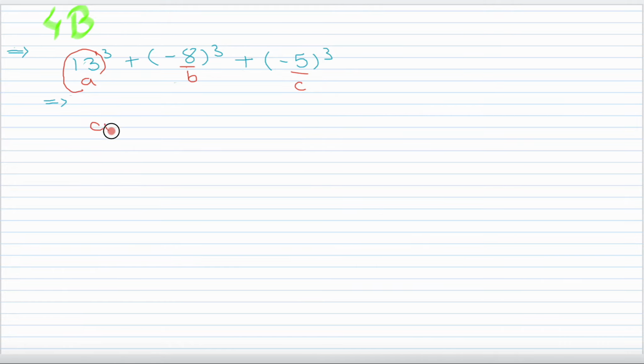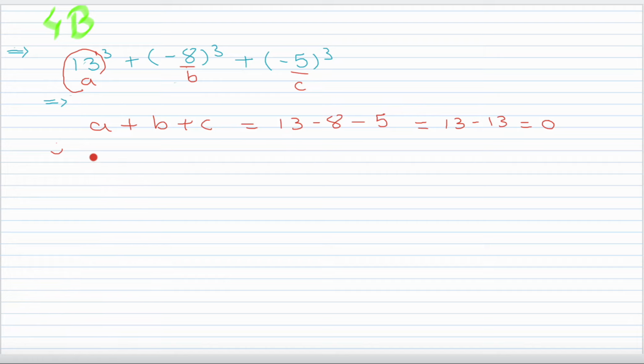First you have to find the value of a plus b plus c. If 13 minus 8 minus 5 is equal to 0, then we can use that property and find the value of a cube plus b cube plus c cube. So minus 8 minus 5 will be minus 13, and 13 minus 13 you will get 0.